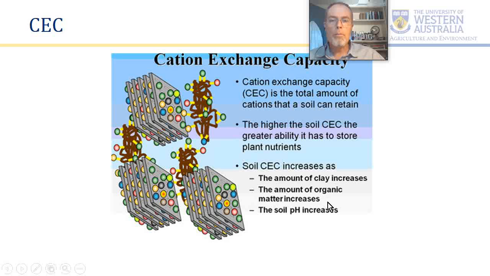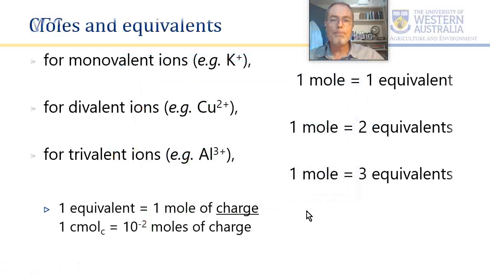And remember that the sum of the negative charge is dependent on pH. So the functional groups on organic matter dissociate to give negatively charged versions of themselves on the organic matter molecule, and that dissociation is more at higher pH than it is at lower pH. So what we should see is that a soil with lots of clay, lots of organic matter and high pH should have a very high cation exchange capacity.